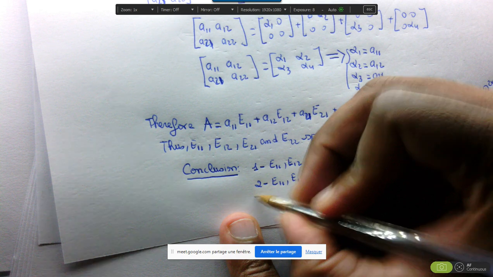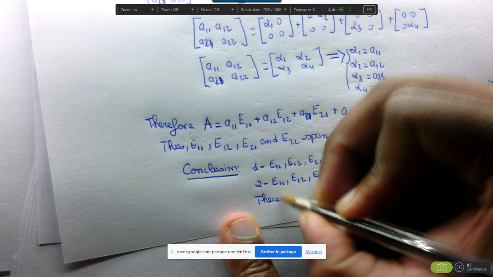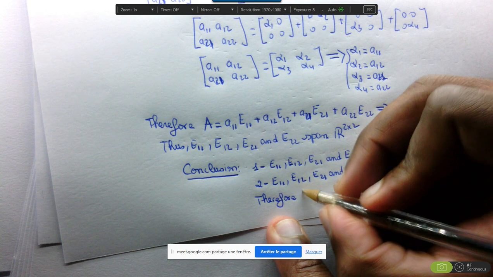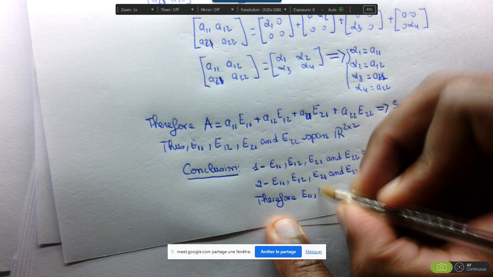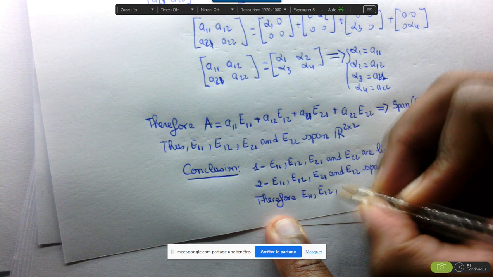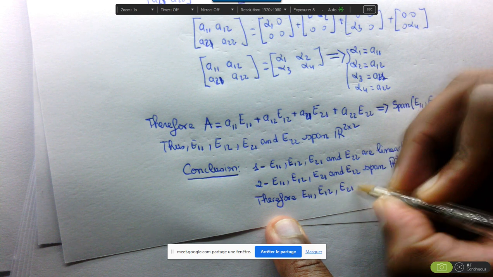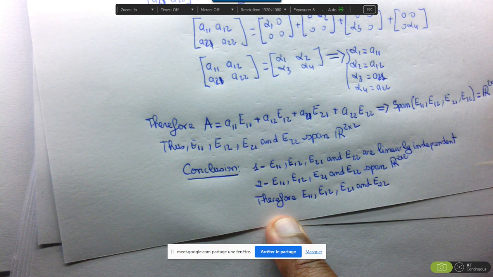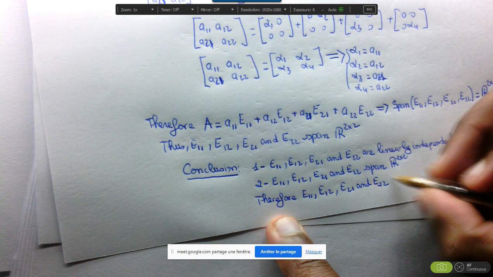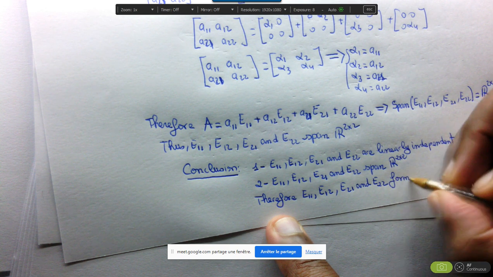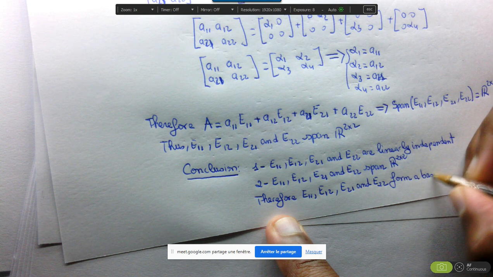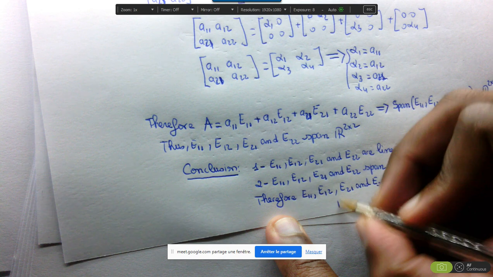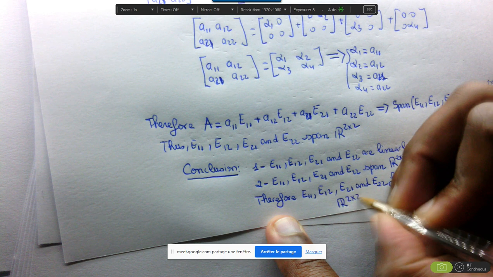Therefore E sub 11, E sub 12, E sub 21 and E sub 22 form a basis for R2 by 2.